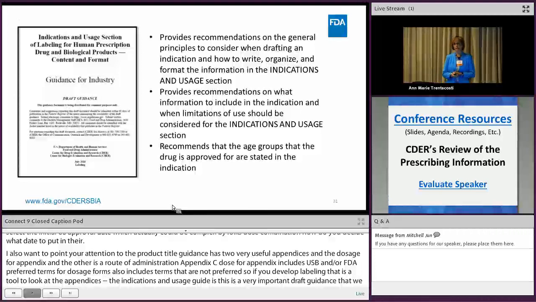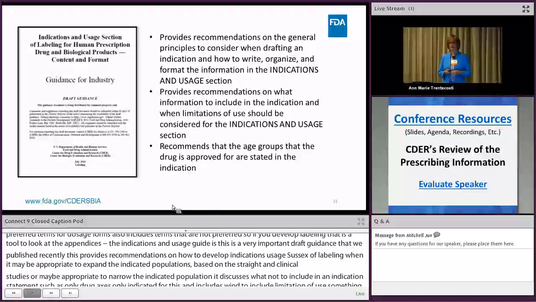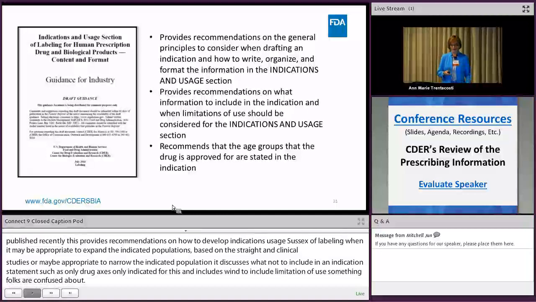It discusses what not to include in an indication statement, such as "only," like drug X is only indicated for this. It discusses when to include a limitation of use, something that a lot of folks are confused about. It also, as I mentioned before, provides recommendations about including the age group in indication statements.